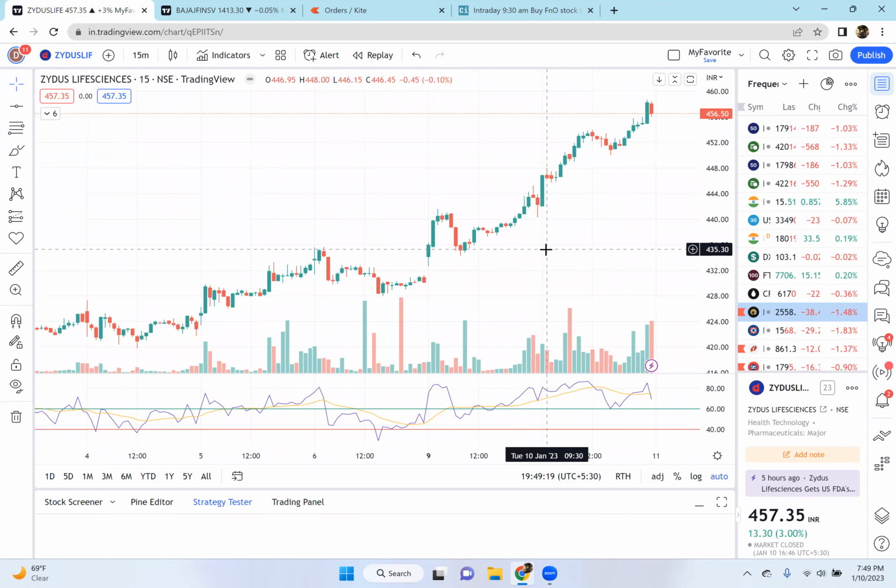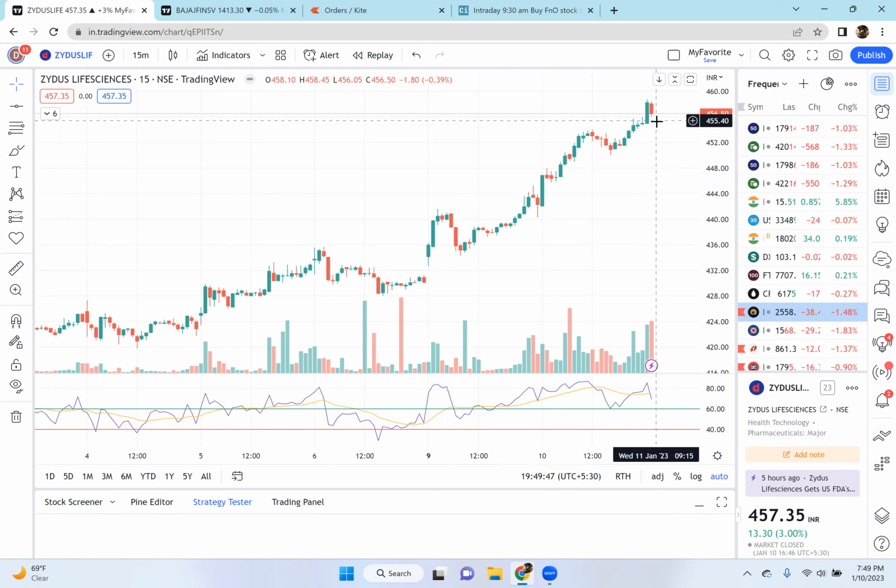If one would have followed this, this candle was the 9:15 candle. This is the 9:30 candle. You see this? Someone would have bought it just based on that screener. See the profit today. It doesn't happen every day, but many days it can happen, right? So today, as you can see, Zydus, it worked. At 9:30, the screener said go buy Zydus, and you bought Zydus. Just look at what a fantastic profit, right?